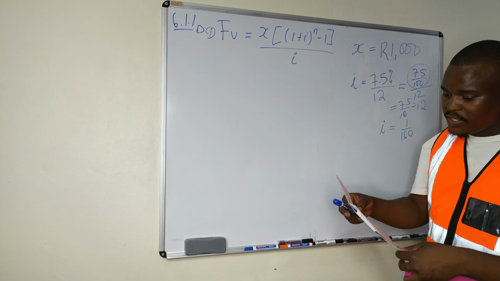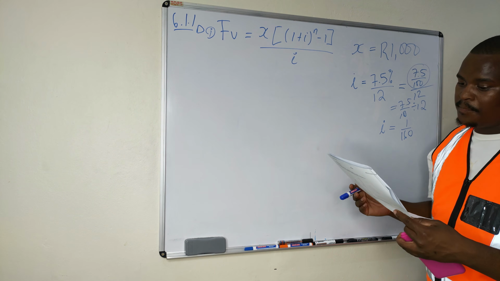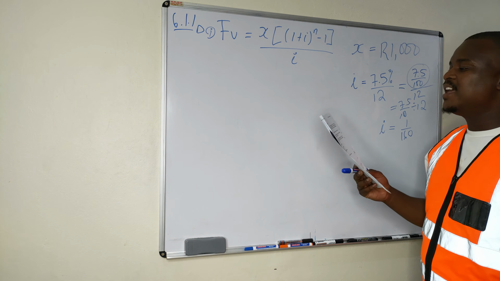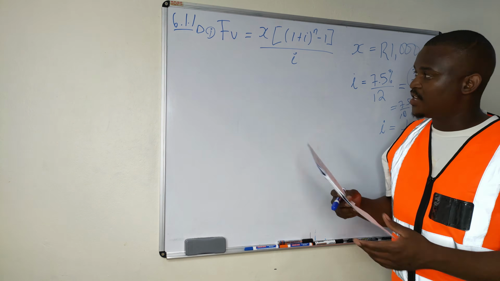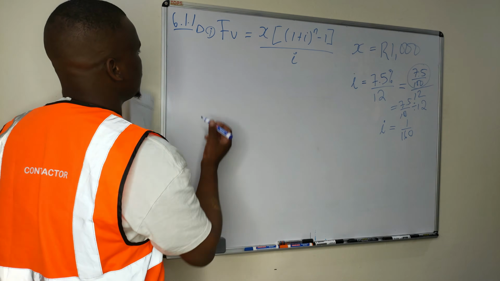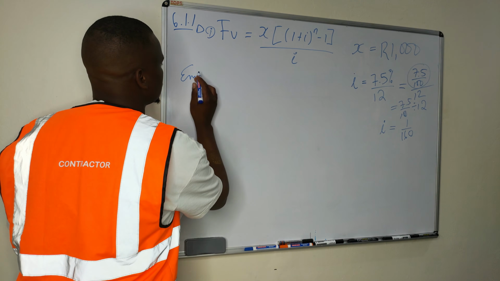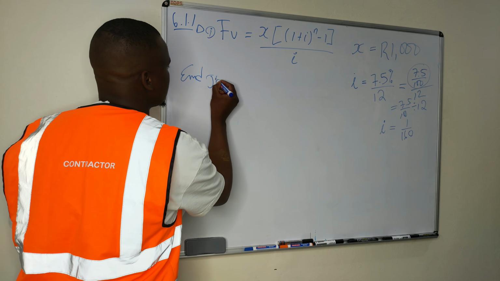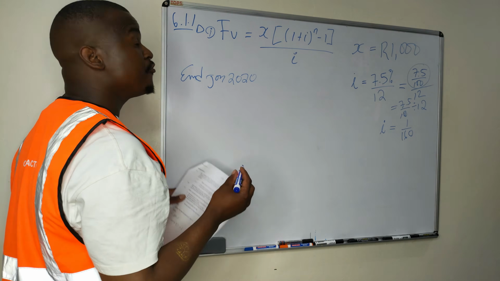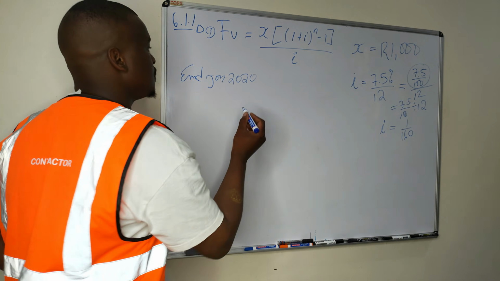So you were told that the first payment was made at the end of January 2020, right? This is when your first payment was made into the account.